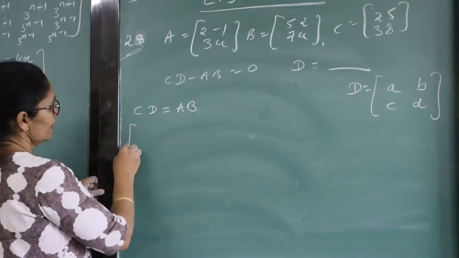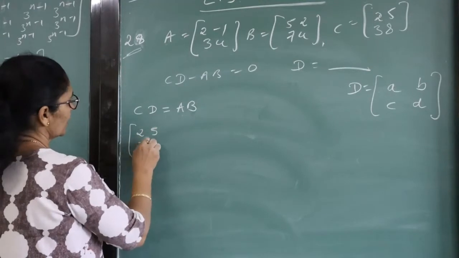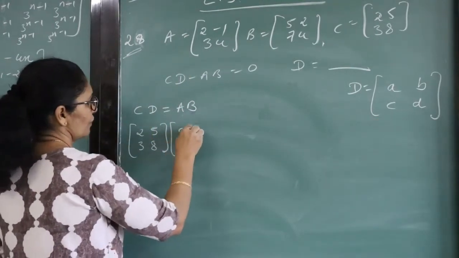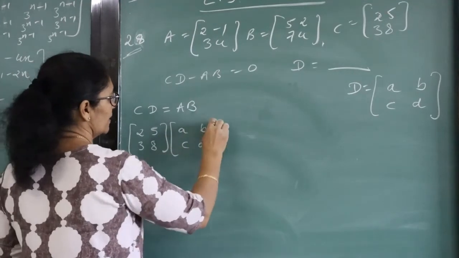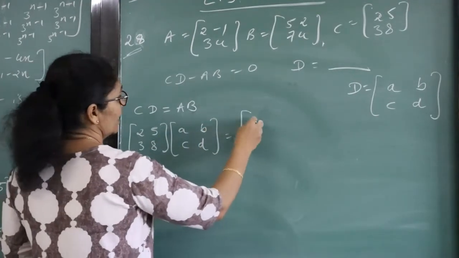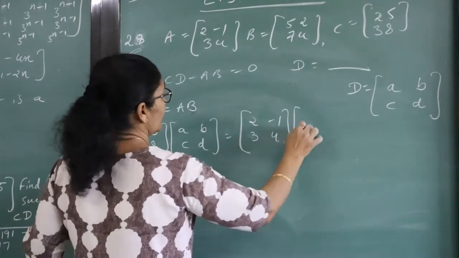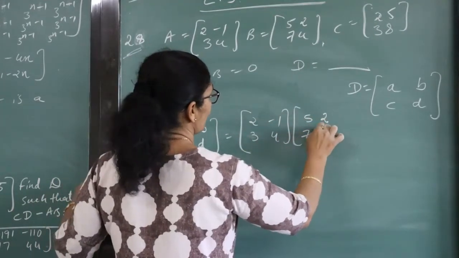Matrix C is 2, 5, 3, 8. D we have assumed a, b, c, d. So we can write it as equal to AB, matrix A 2, -1, 3, 4 and B 5, 2, 7, 4.